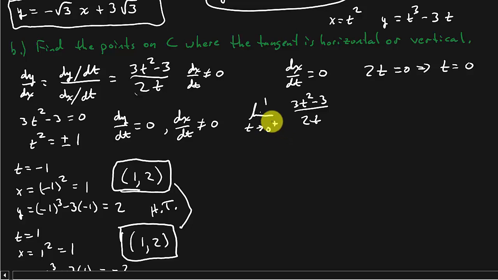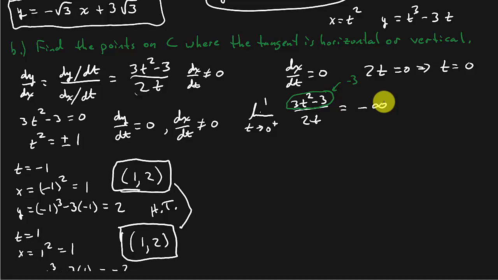If I'm coming into 0 from the right-hand side, do you understand that the closer and closer I get to 0, the numerator is pretty much going to be -3, because this term here is going to 0. But this term down here, what's happening to it? Well, it's getting smaller and smaller and smaller. So if I have -3 over a really, really small number, then where's that going? That's going to -infinity.